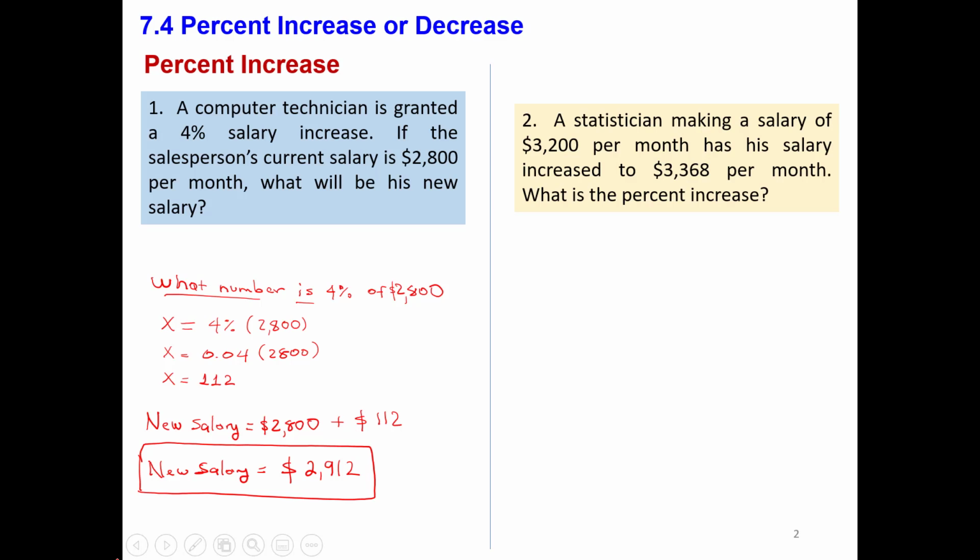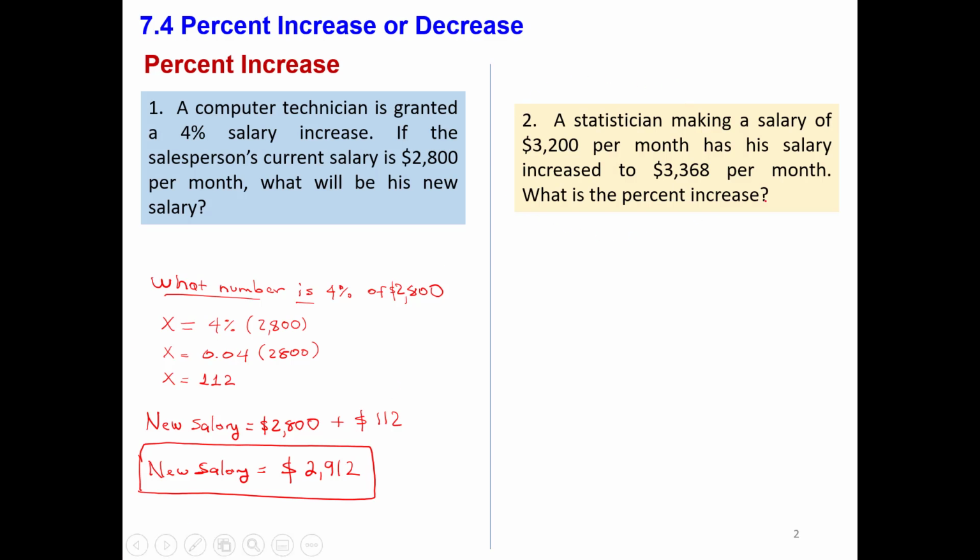In the second problem, we had a statistician making a salary of $3,200 per month. His salary increased to $3,368 per month. What is the percent increase?